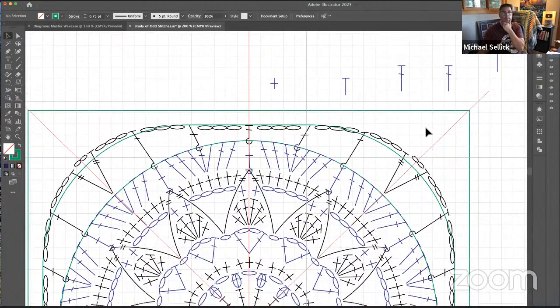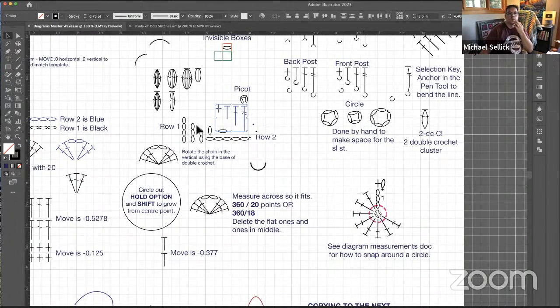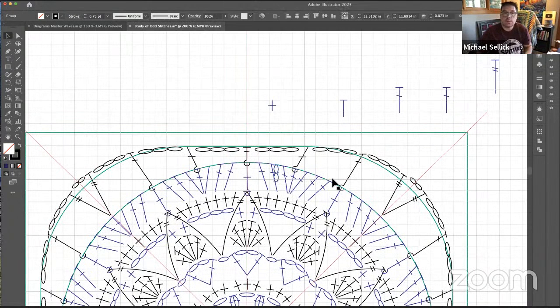So we determined that there were 22 spots right between. And so there is 2 double crochets, chain 2, 2 double crochet. Do that to round 10.